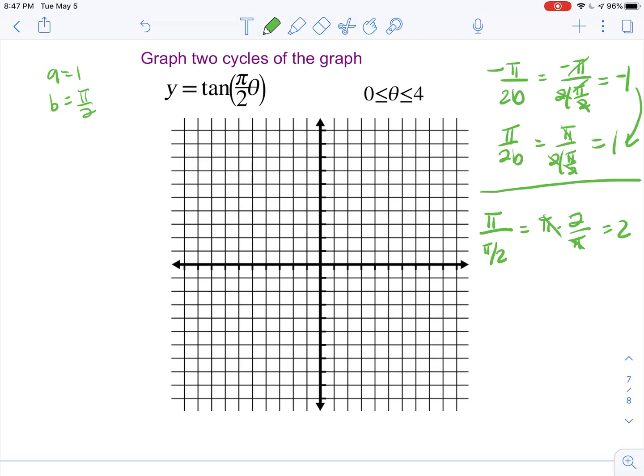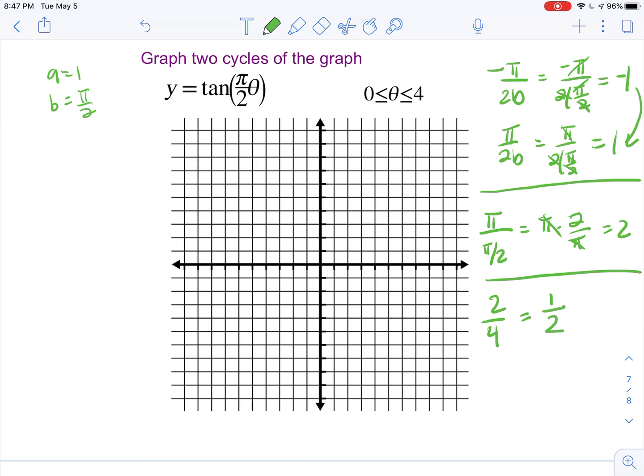Okay, so notice for this particular graph, my x values are going to be 1, 2, 3, 4, like we are used to. And that's because the pi's cancel out. So that's a big determining factor on whether you're going to be labeling your graph with pi over 2, pi over 3, etc. versus 1, 2, 3, 4 if the pi's cancel. Okay, what else do we need?